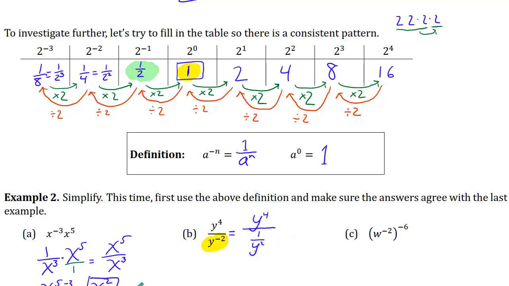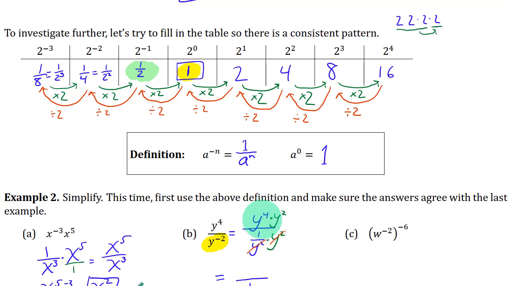If you have a fraction within a fraction, you can multiply the top and bottom of any fraction by the same thing. You're always allowed to multiply both sides by anything. And I'm going to multiply both sides by y squared because 1 over y squared times y squared just cancels out and leaves you with 1. So in the top, you have y to the fourth times y squared. And in the bottom, you just have 1.